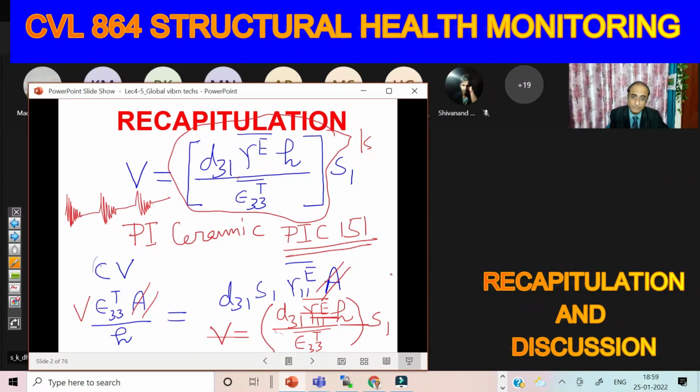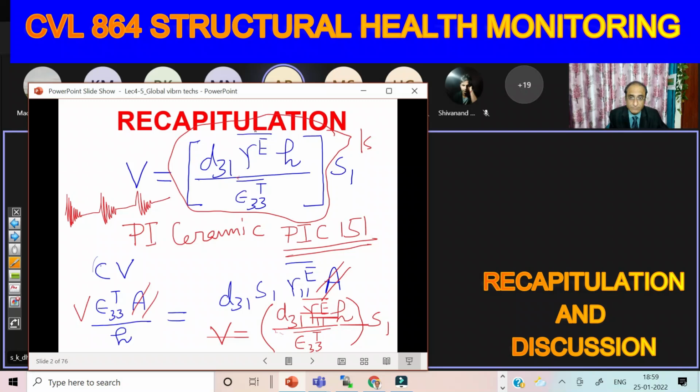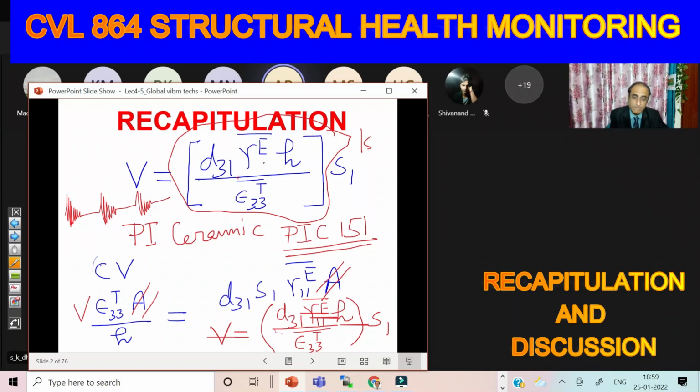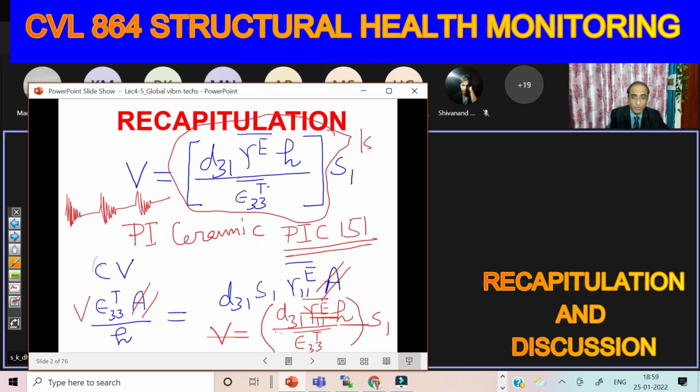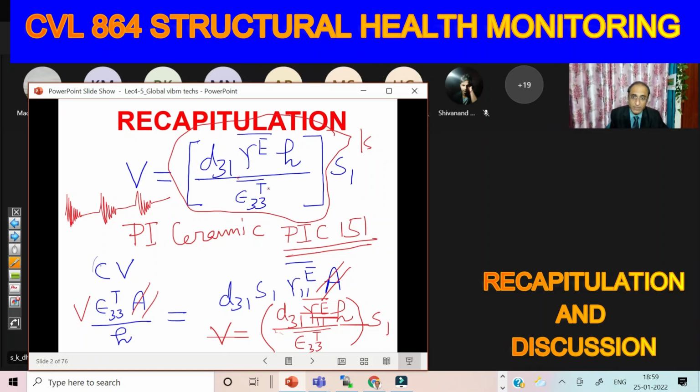For this case, dynamic and static Young's modulus will not make much difference, so you can use the static values for the conversion factor. And the thickness, let me tell you, is 0.3 mm. That is the thickness of the piezo patch.